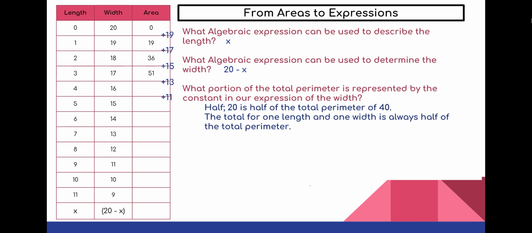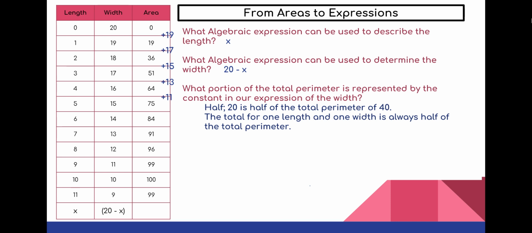Since we know that this is a quadratic function, we can look at our difference of terms: plus 19, plus 17, plus 15, plus 13. I can recursively add to determine the rest of the areas without doing a single step of multiplication. 51 plus 13, 64; 64 plus 11, 75, and so on.